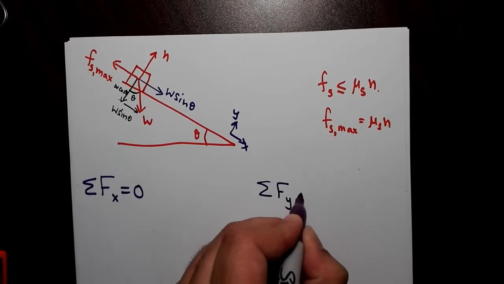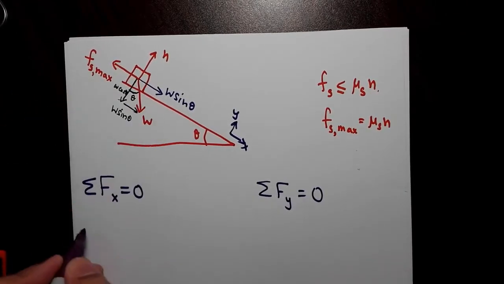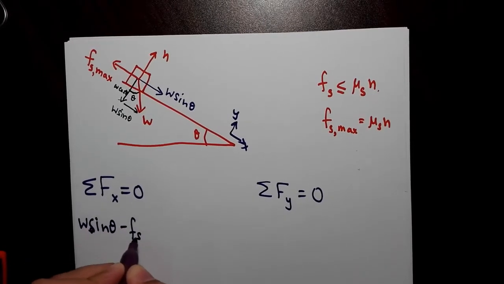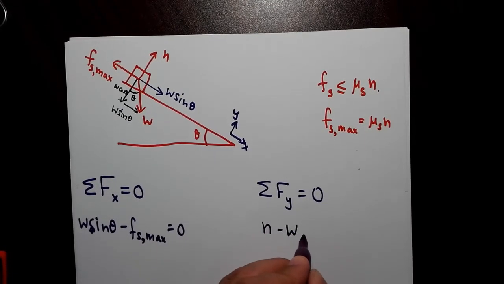Fy equals 0. So in the x direction we have W sine theta minus Fs max equal to 0, and in the y direction we have n minus W cosine theta equal to 0.